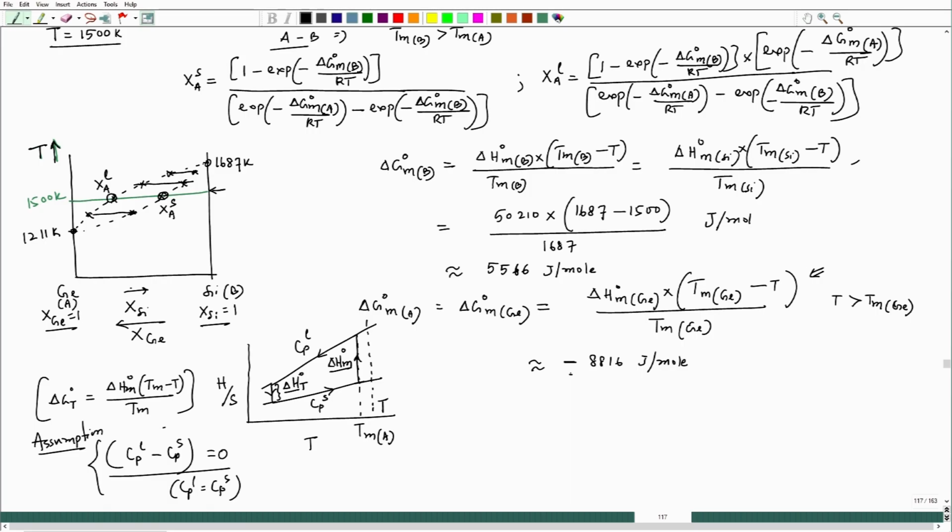Let us now use this particular value and this particular value in this equation.